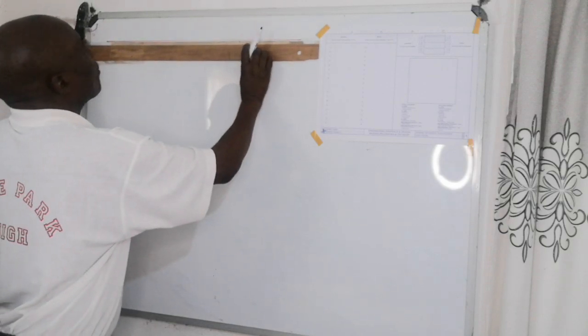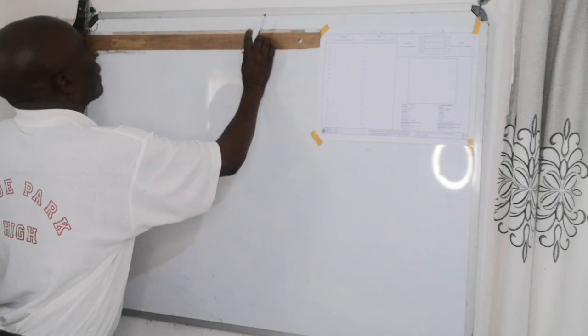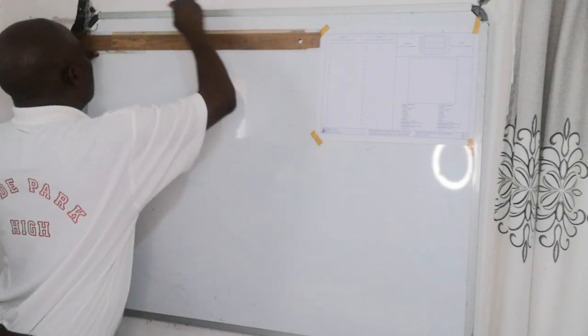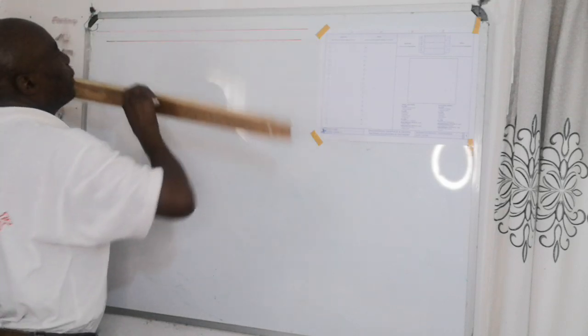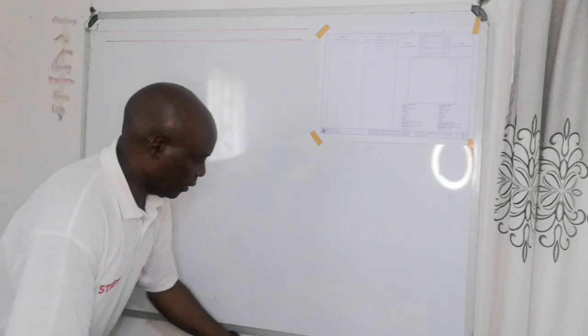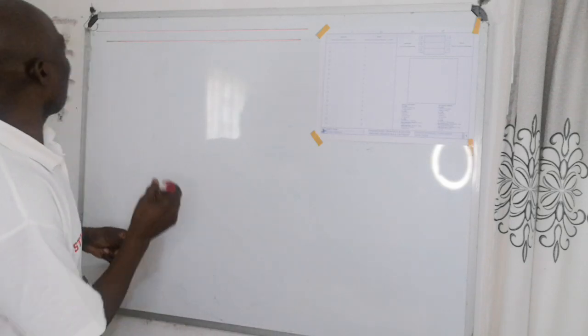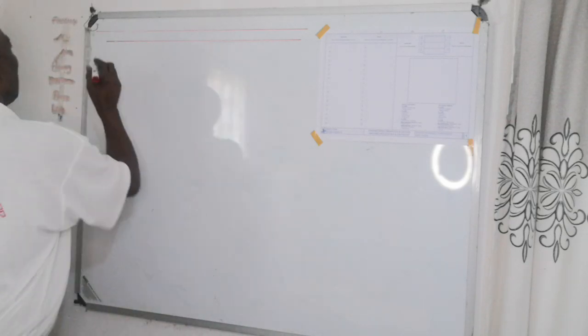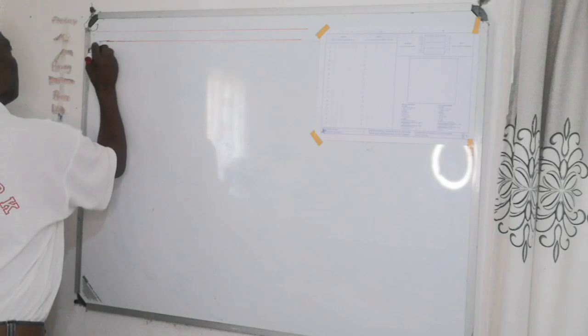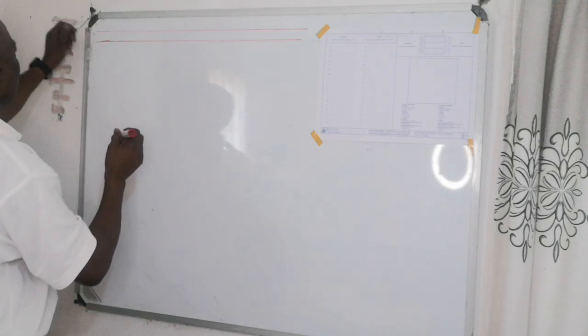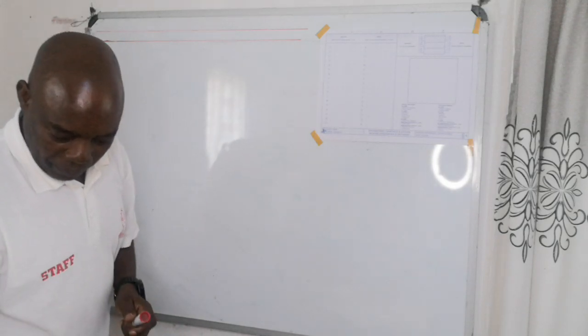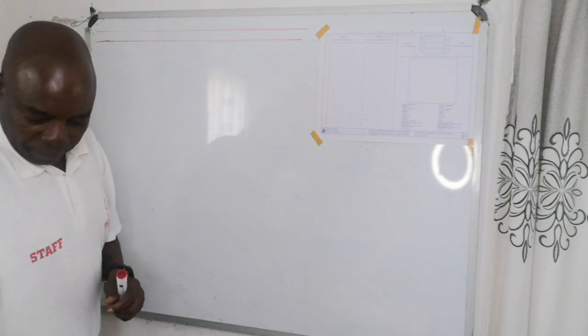I should have started from there. Okay, like that. Right, so this is lesson 1. I'll use a different color there to write the title. Let me use blue.